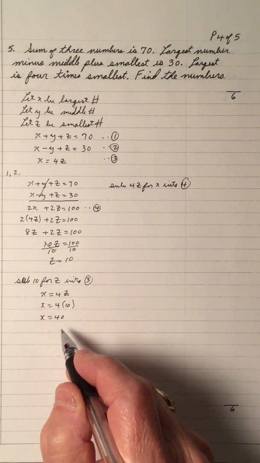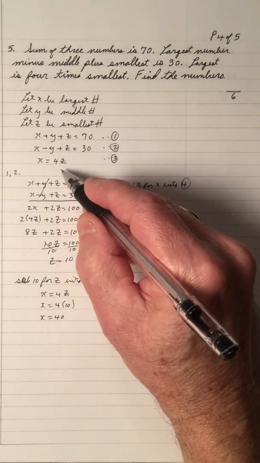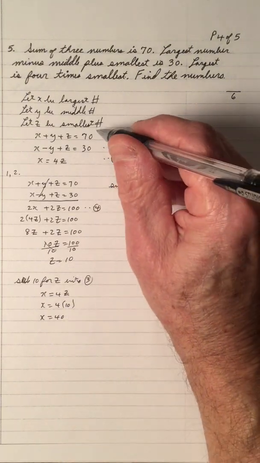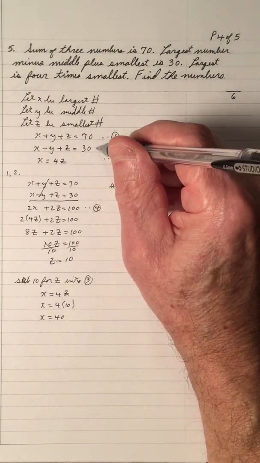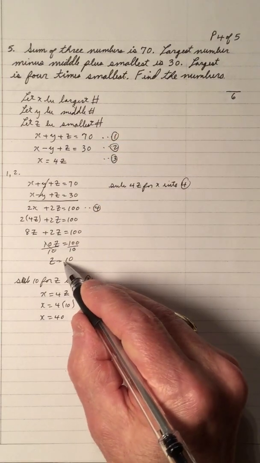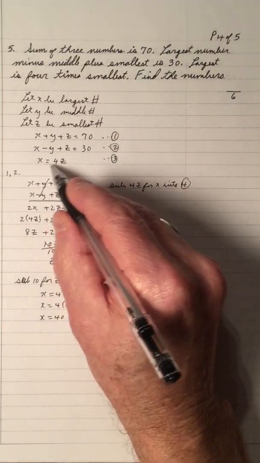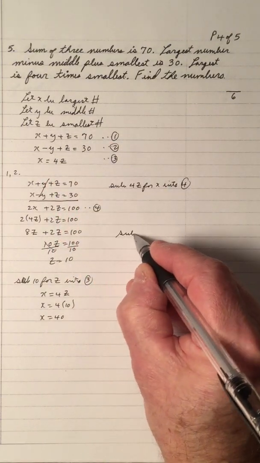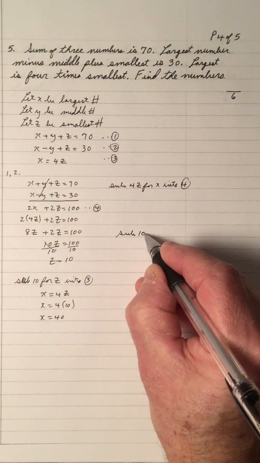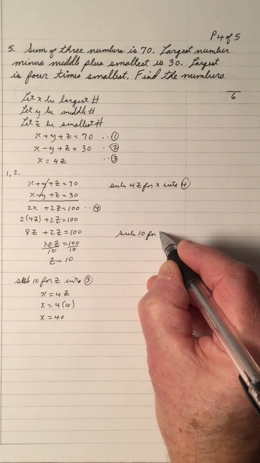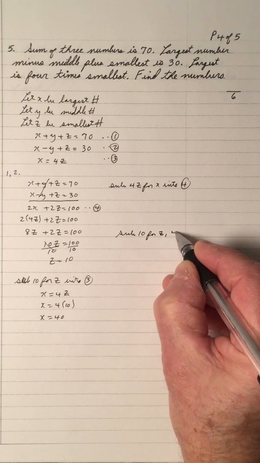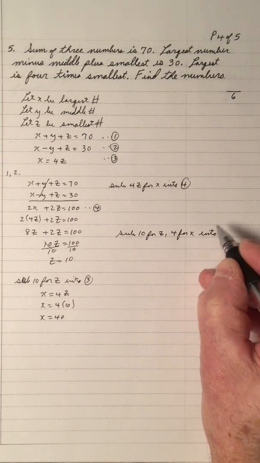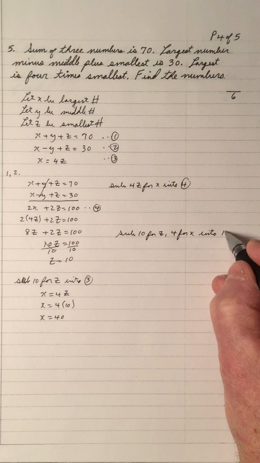Now I need to get what y is. So I take the 2 variables and go back into one of these 2 equations. There's no good in putting z and x into this one because they just give each other. So I've got to go into one. So I'm going to sub 10 for z, 40 for x, and the best one to go into is number 1.